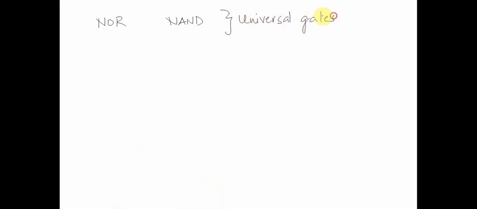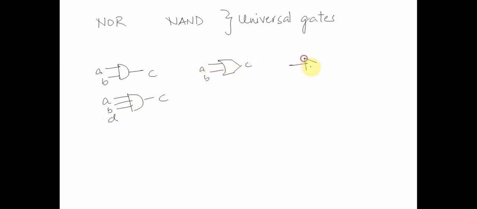But just to give you a brief background, we already spoke about AND gate, a two input AND gate. Then we discussed three input AND gate also, A, B, D, let's assume like this. We spoke about two input OR gate, and we spoke about NOT gate also.